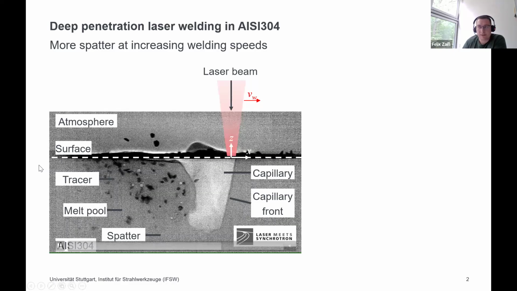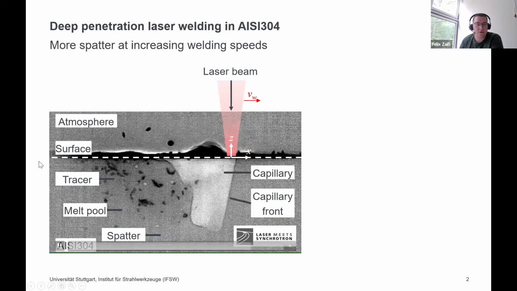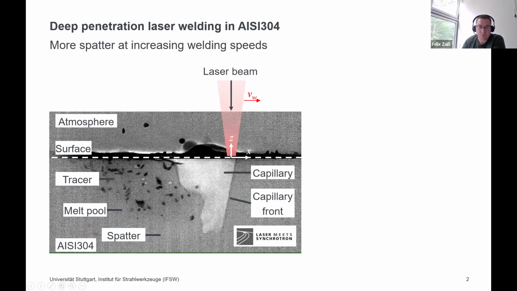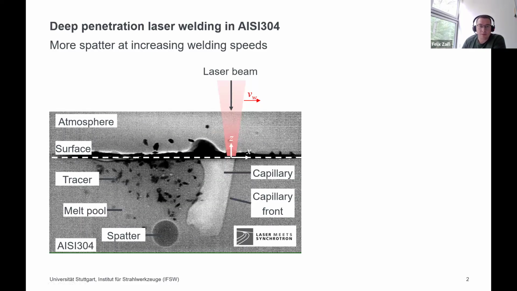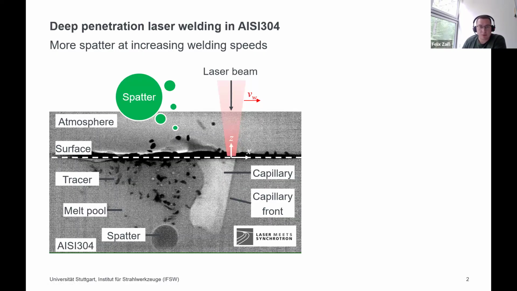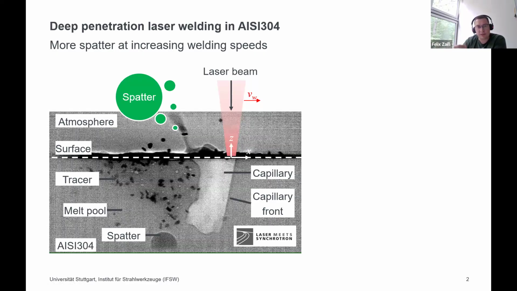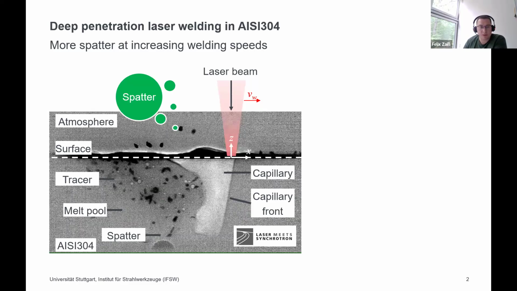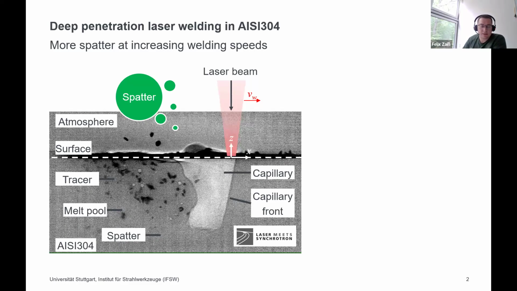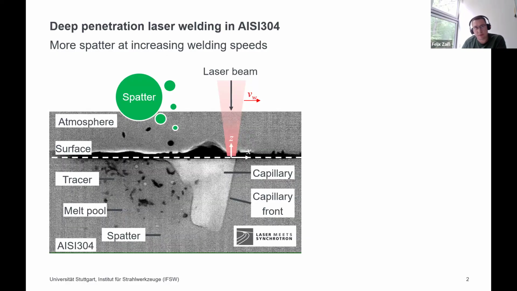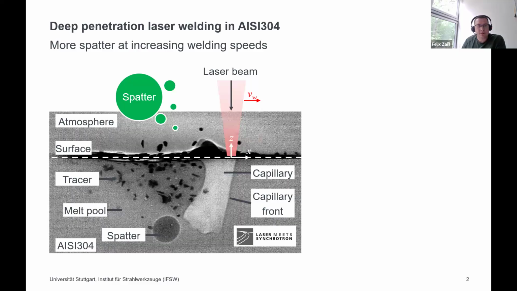With tracer particles, you can see the direction of the flows in the melt pool. For spatter to occur, basically one flow of a melt particle in an upward direction is required, so that this particle can overcome the surface tension.